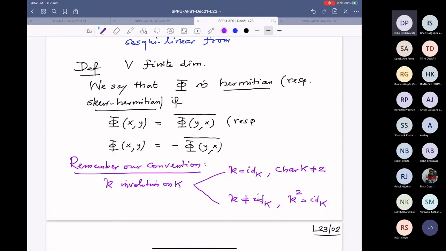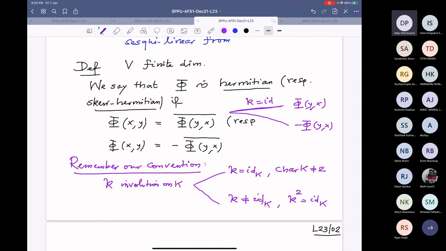Now if kappa is identity, there are two cases: phi of xy equals phi of yx, or, in this identity case, minus phi of yx. This is the case where kappa is identity, and this definition means symmetric bilinear, and this case is skew symmetric.